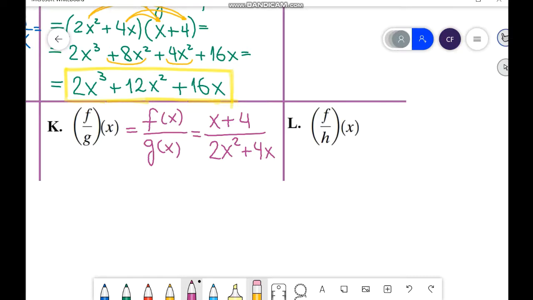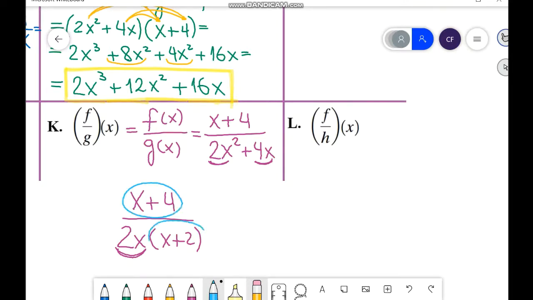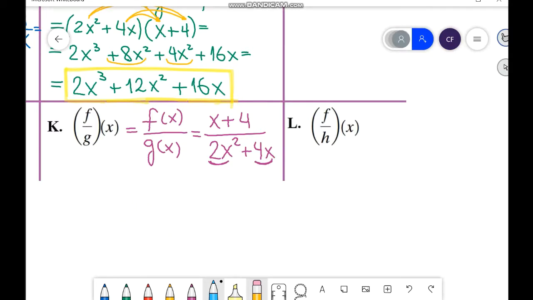And you have to think if there's any kind of simplification you can do. Right now, I can imagine one simplification, just let me try, but I don't know if this is going to be worthwhile. We can factor out 2x. This is the greatest common factor, 2x times x plus 2. But then it's not going to be worthwhile because you cannot simplify. They are different, see? So forget about it. You cannot simplify. This is the right answer. That's it.